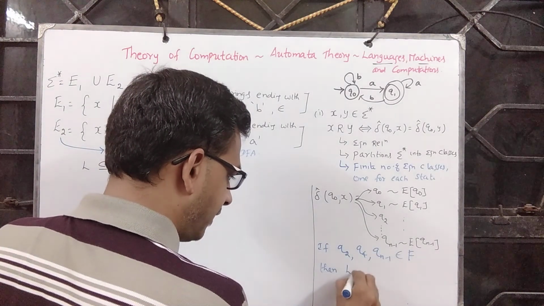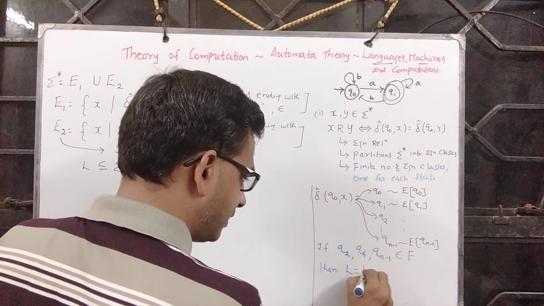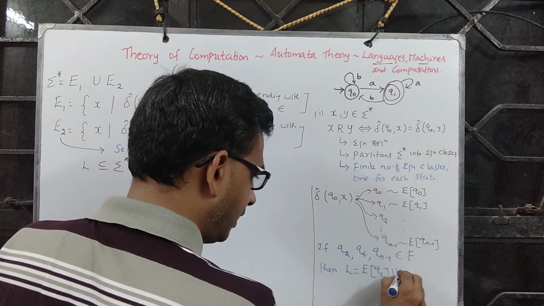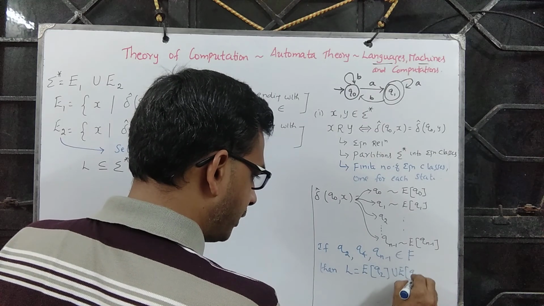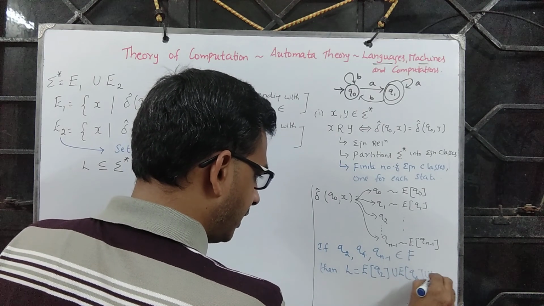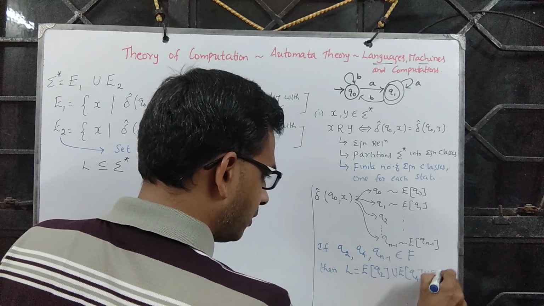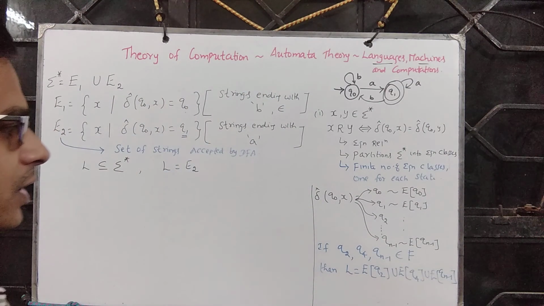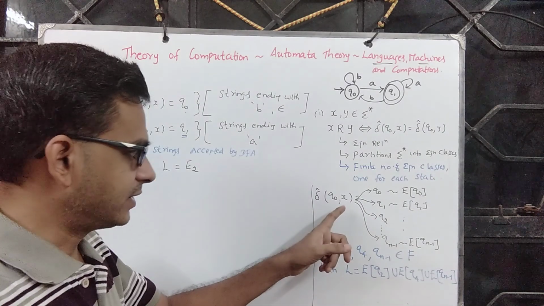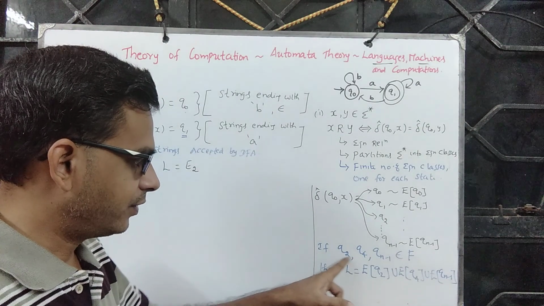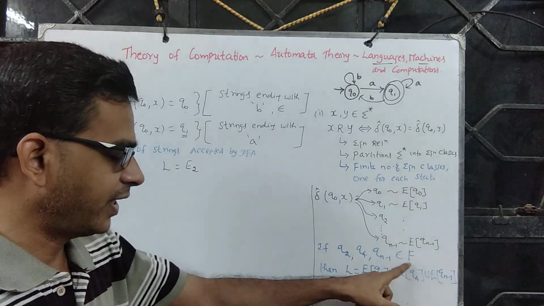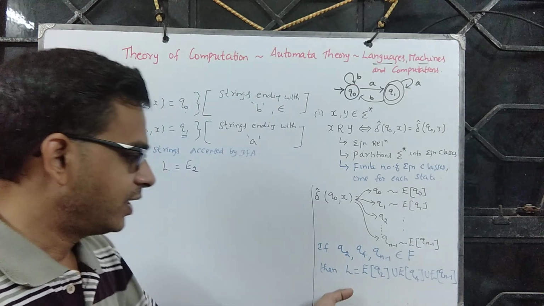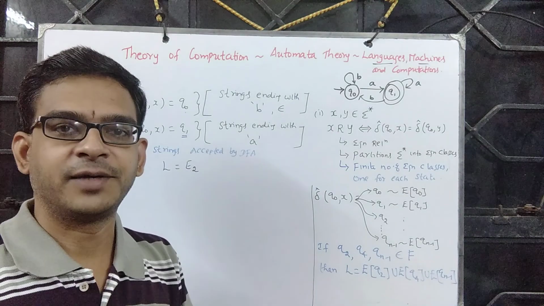The language accepted by the automaton is the equivalence class corresponding to q2 union the equivalence class corresponding to q4 union the equivalence class corresponding to qn minus 1, correct? So look at the equivalence classes corresponding to each state in F, the final states, and take their union. That's precisely our language.